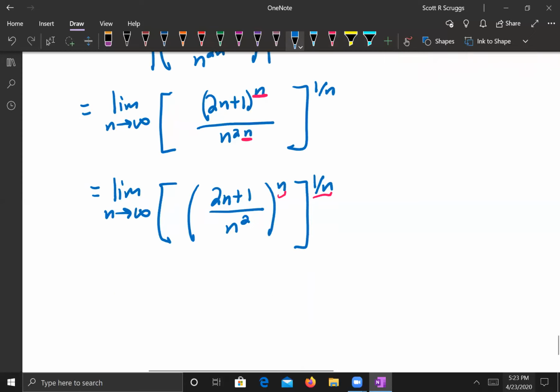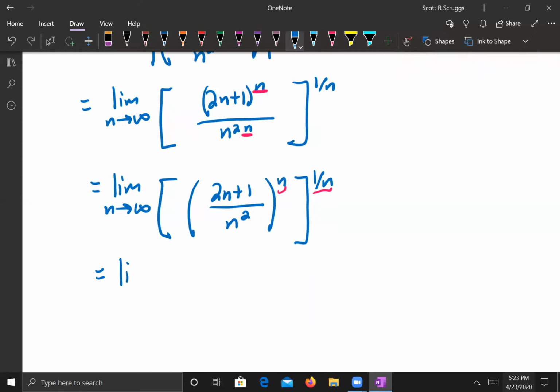I am just left with the limit as n goes to infinity of 2n plus 1 over n squared. Now I have a rational function. My numerator is linear, my denominator is quadratic. The highest power of the denominator is greater than the highest power of the numerator, so that equals 0. And I don't know about y'all, 0 is definitely less than 1.